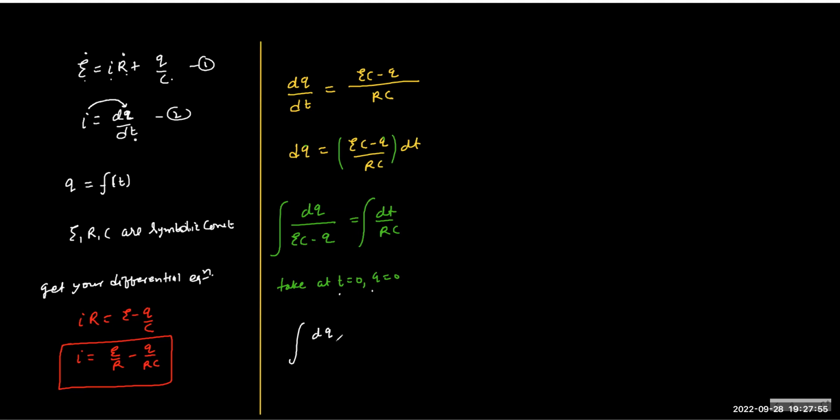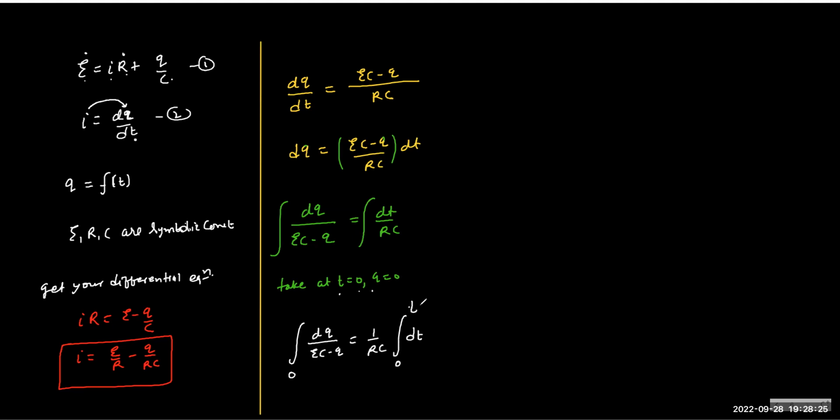Understood? So when t is 0, should I put it on the right or left? The t equals 0 will be the lower limit of the right side integral or left side integral. Tell me, guys. Right side. And q equals 0? Left.